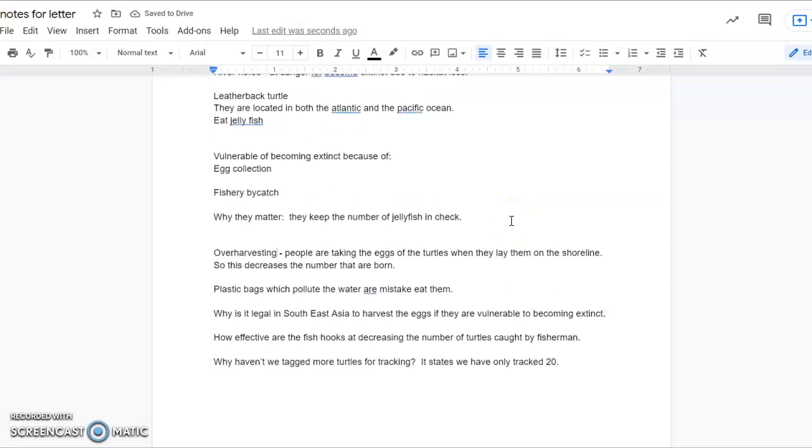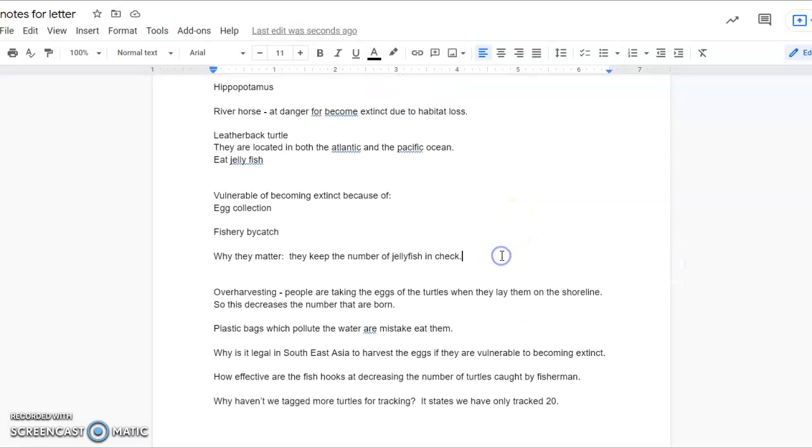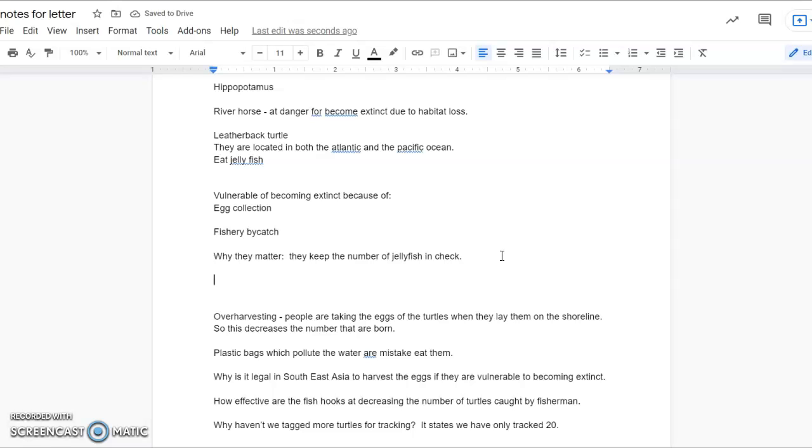Another thing I wanted to make note of here that I will probably add in my writing later is that plastic bags, like shopping bags, are being mistaken by the turtles as jellyfish, and this causes them to die when they eat them.